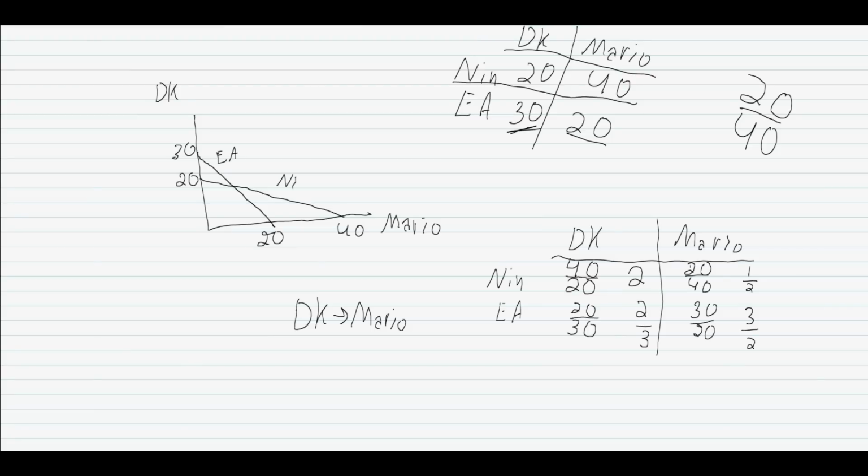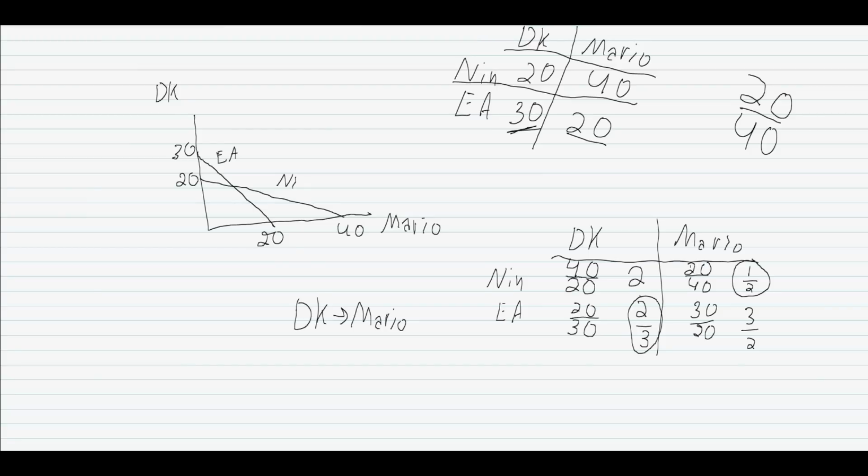Alright, so let's look at it this way now. When you're doing the Donkey Kong games, who has a lower opportunity cost? EA, 2/3 in comparison to Nintendo's 2. For Mario, it's Nintendo, 1/2 compared to EA's 3/2. So, this shows that EA has a lower opportunity cost in the production of Donkey Kong games, and Nintendo has a lower opportunity cost in the production of Mario games. Remember the absolute advantage sentence?